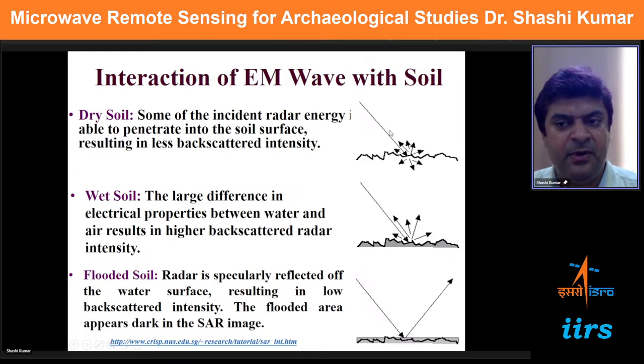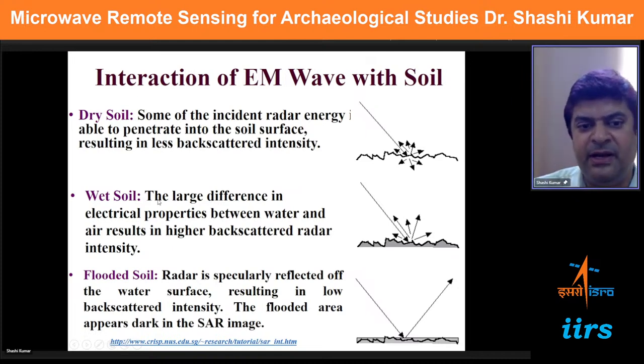At that time, less scattering occurs, and dry soil appears as a darker object. In wet soil, when the wetness is very high, there is very little or no penetration, so the scattering is more. More return is received by the sensor, so wet soil appears as a very bright object.